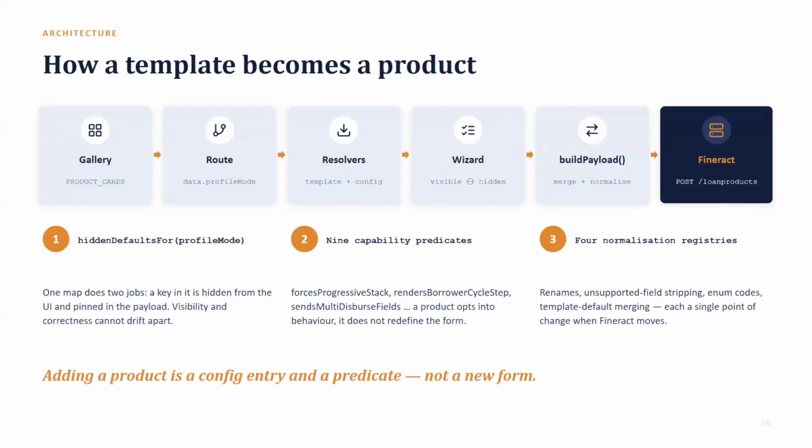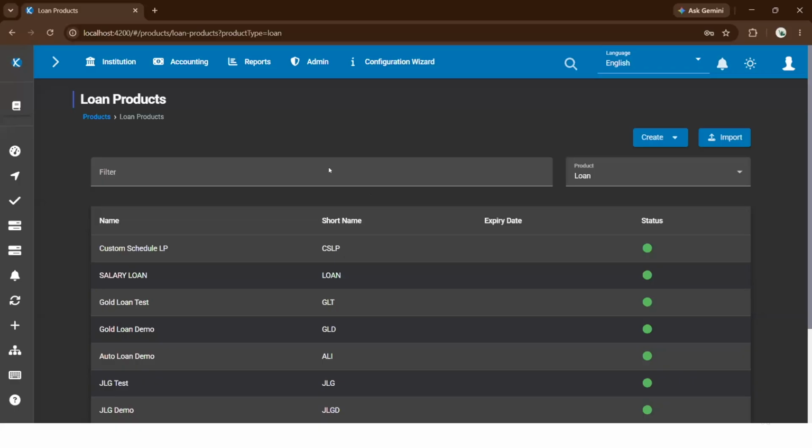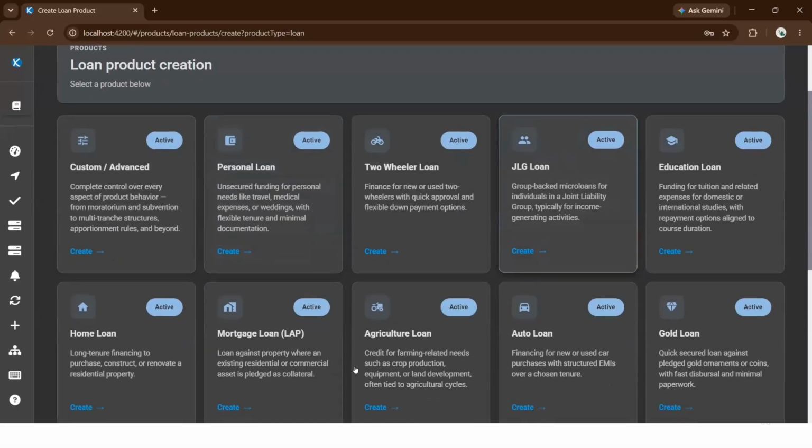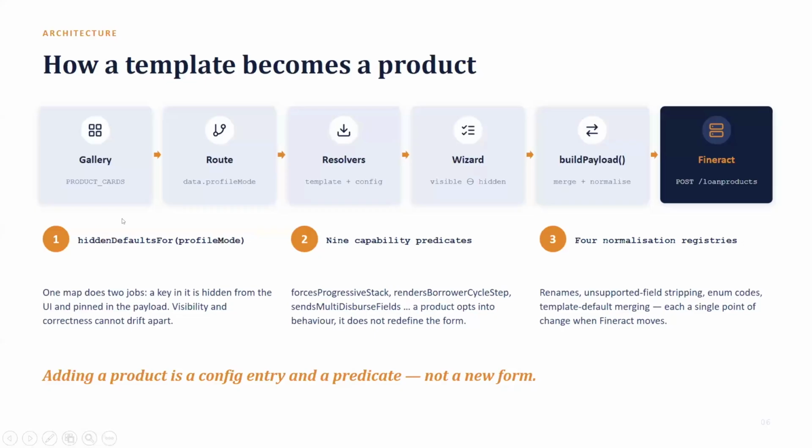So I'll quickly give a brief on how a template becomes a product. As we saw on the landing page, this is called the gallery, and the gallery contains the product cards. The coding part which follows is the data.profile mode. A single code is written, and the same code behaves differently for each loan product type, like the profile mode.